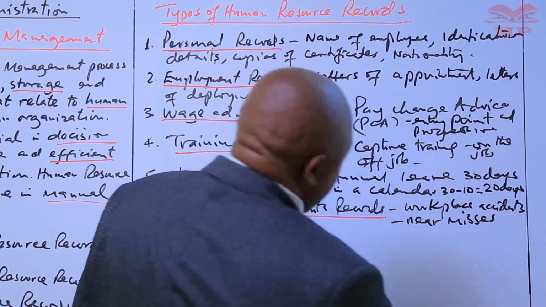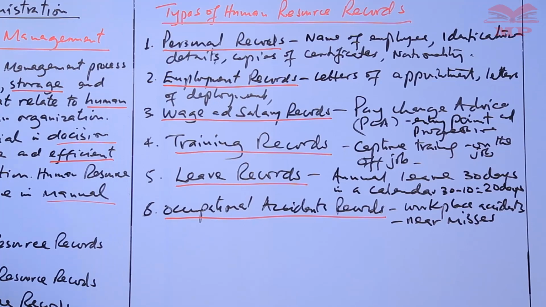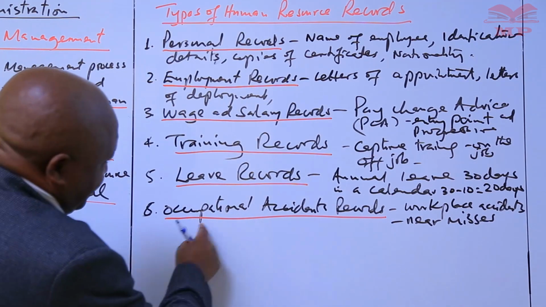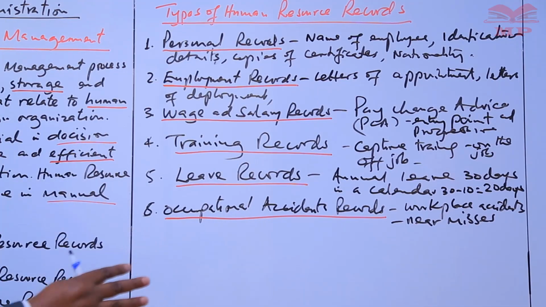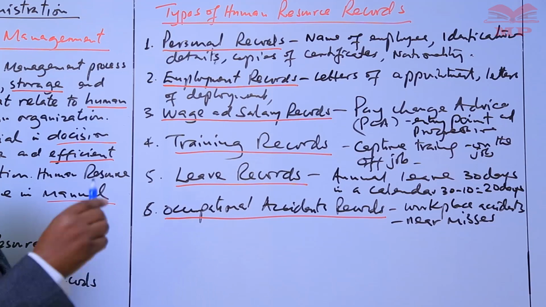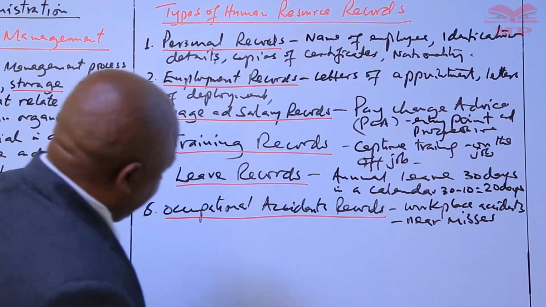If there were some mishaps, then according to the law, this is supposed to be captured. So you may also have occupational accident records, which indicate the accidents that have taken place within a given organization or within a given duration of time.